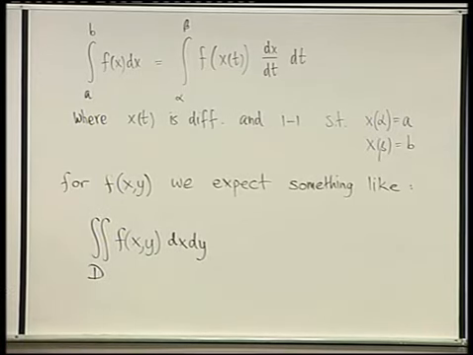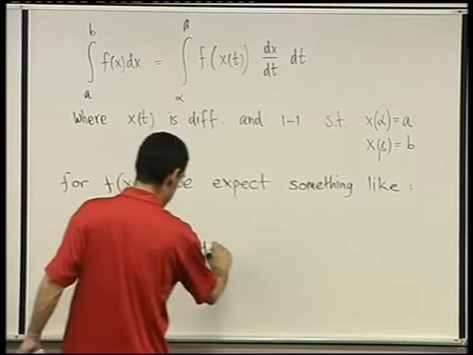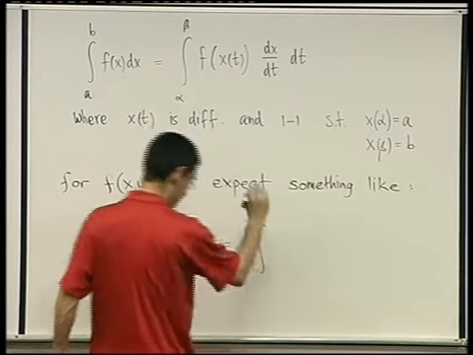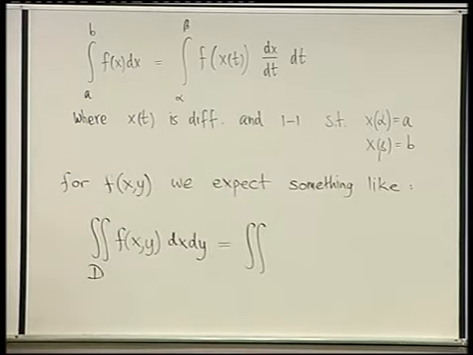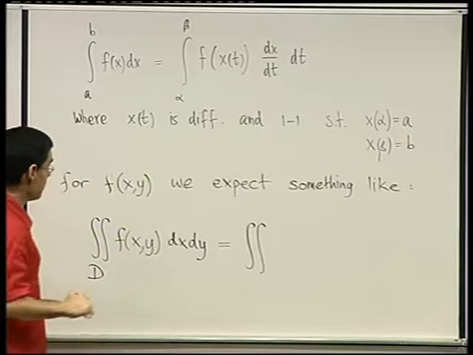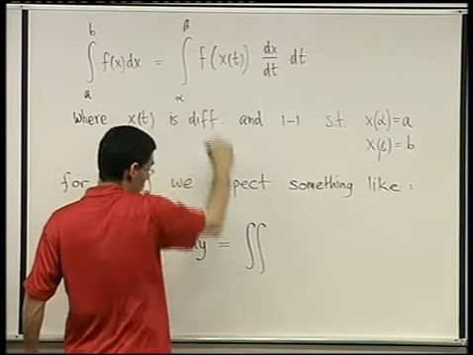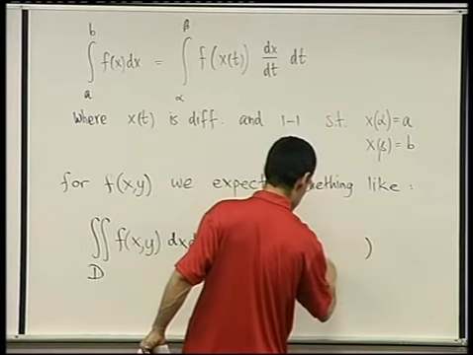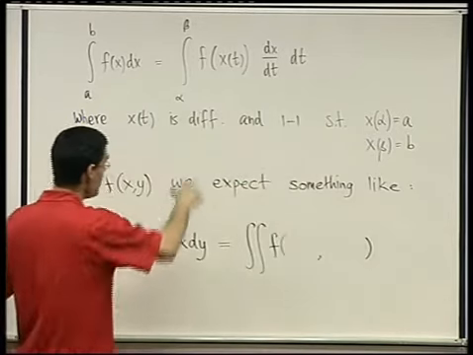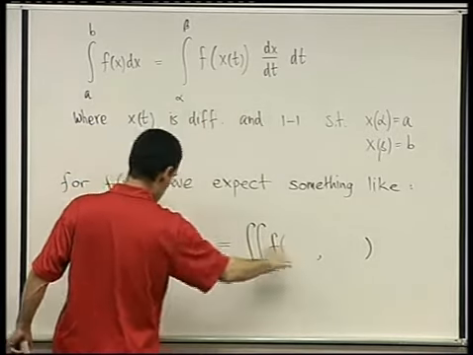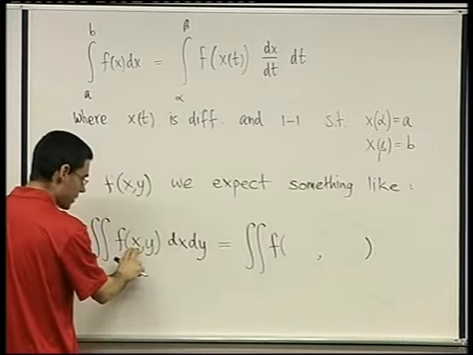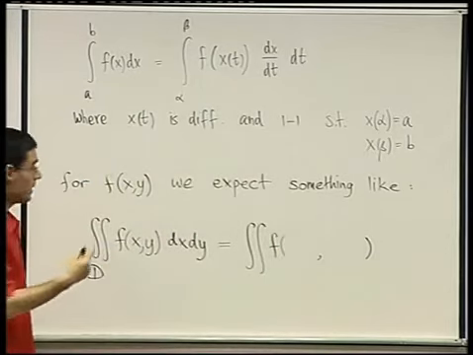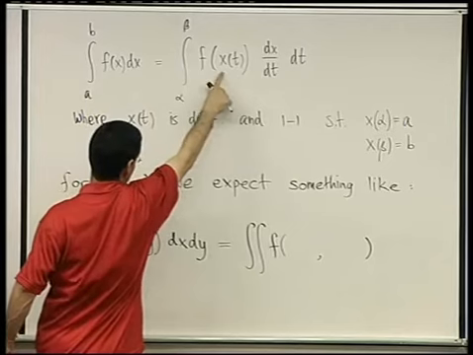So that was the easy part. What do we expect on this side? Well, it's going to be a double integral, right? And the function is still going to be a two-variable function. But now, each coordinate, instead of x, we're going to write something of the form x of t. But here there was just t because it was just x.